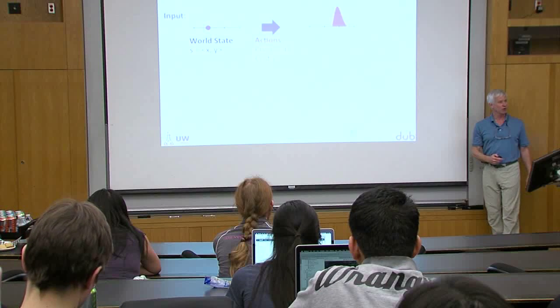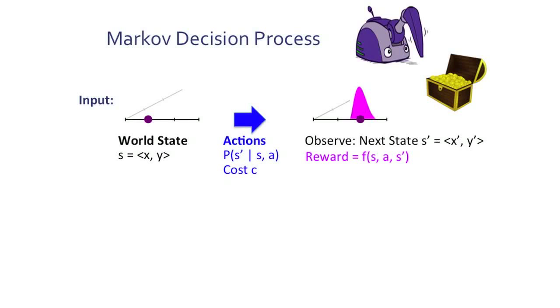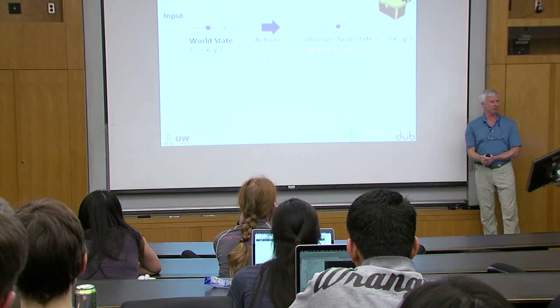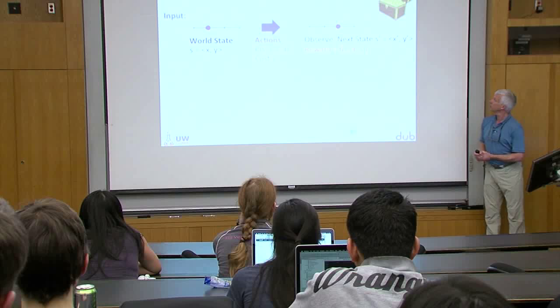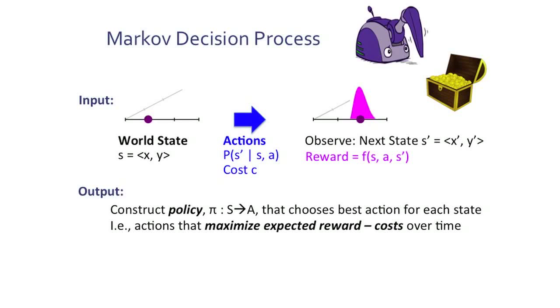Now, if we execute the action, then we get an observation and we see exactly what next state we're in. And we also get some sort of reward, which is a function of the starting state, the action, and the ending state. The robot was really lucky here. It might not be getting the rewards every action. Anyway, the objective here is, given this as input, to compute a policy, which is a mapping from states to actions, that chooses the best action that the robot should execute no matter what state it's in.